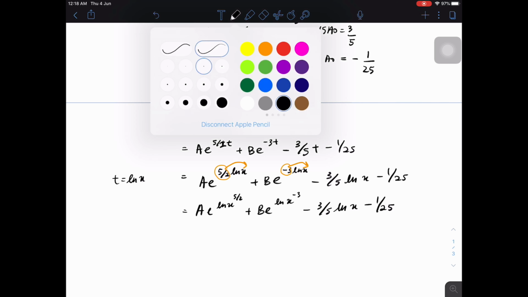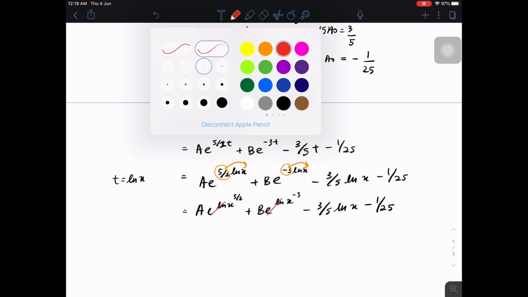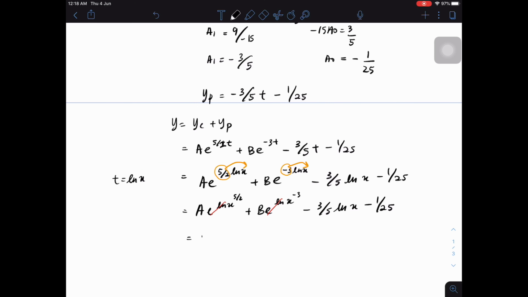Therefore, the exponent and ln can be cancelled out here. You are left with only a x^(5/2) plus b x^(-3) minus 3 over 5 ln x minus 1 over 25 as the solution to your second order differential equation.